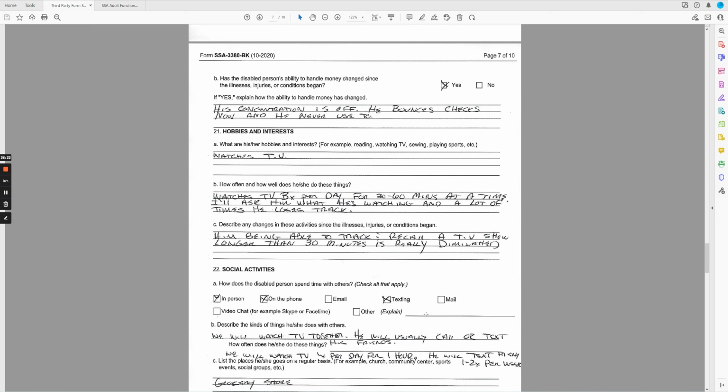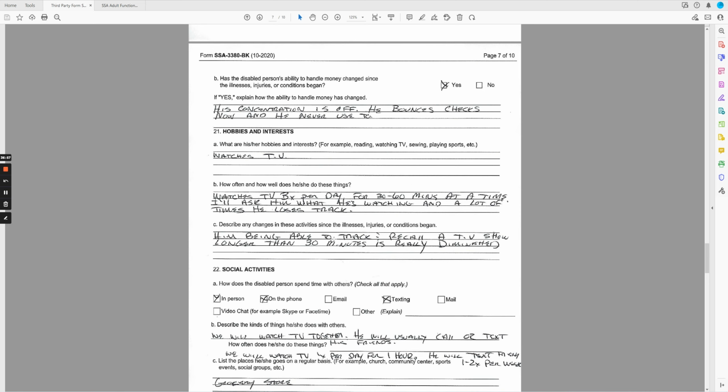Always tell the truth when filling this form out, but make sure that your perception is not just what you think is going on, but what is actually going on. Okay, how often and how well does he or she do these things? Here we talked about watching TV three times a day for 30 to 60 minutes at a time.